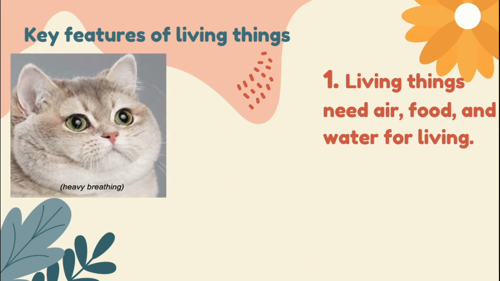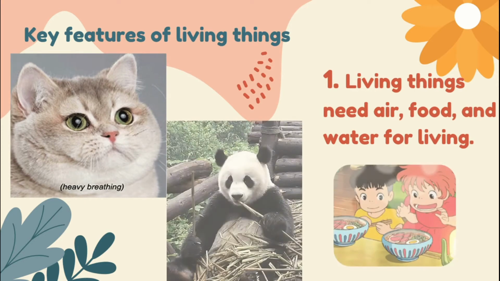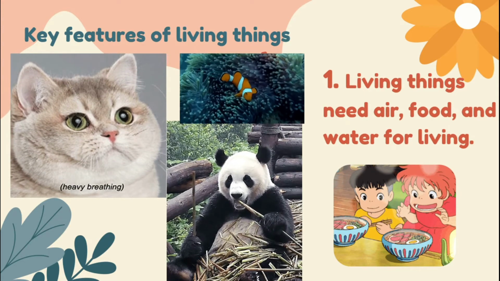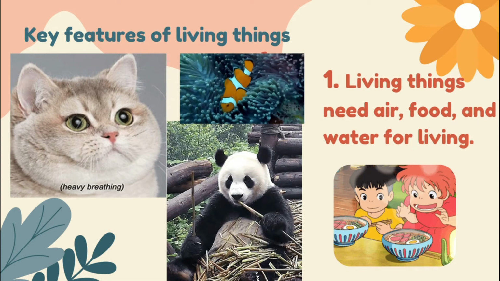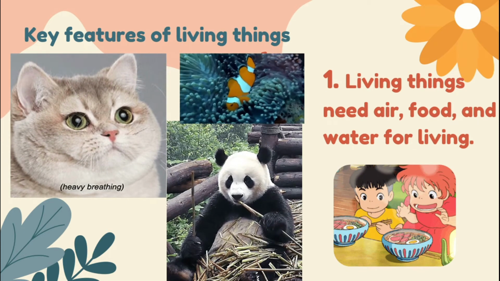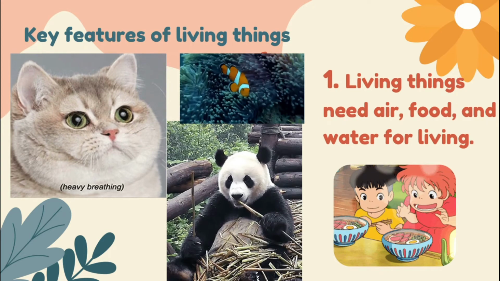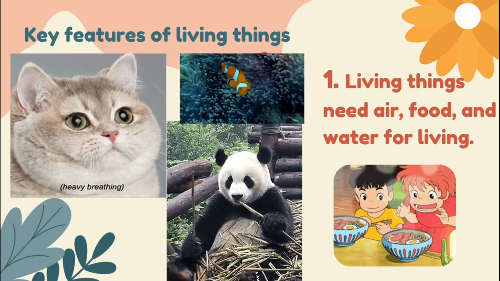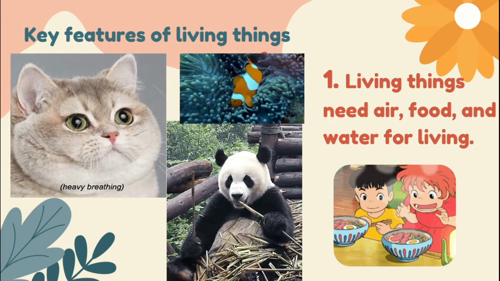Not only we, animals also need the air to breathe, and they also need foods to eat. They also need foods to grow, and they also need water. Also, if we don't drink for sometimes, we might die, because most of our body are water.